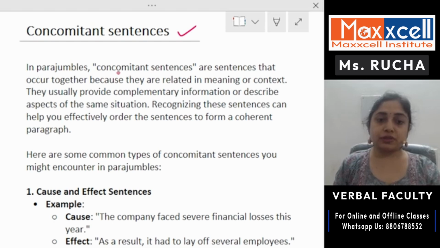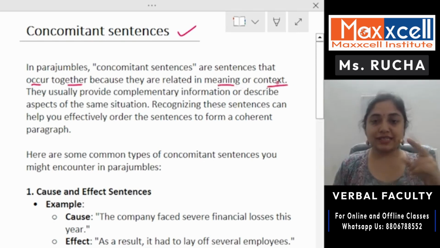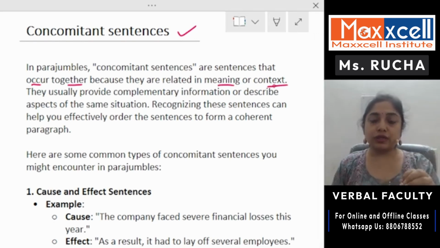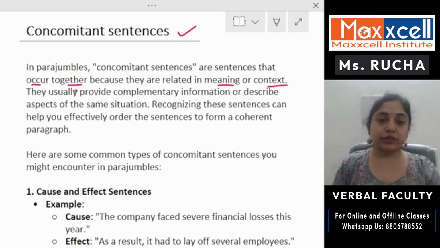In Parajumbles, concomitant sentences are sentences that occur together because they are related in meaning or context. So these sentences are obviously going to go together because of the meaning or the context, the relation that they share. They usually provide complementary information or describe aspects of the same situation.